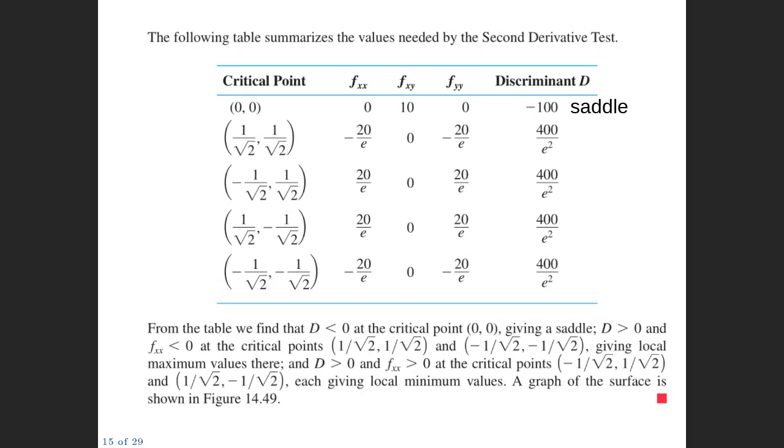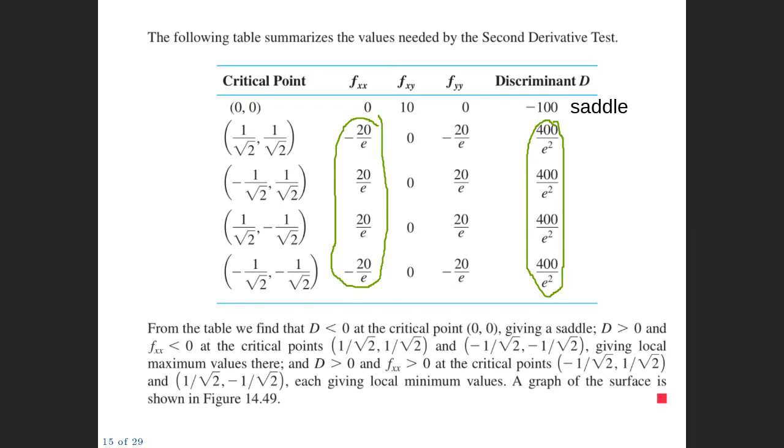Let's look at the second one. Now the discriminant is a positive number. In fact, for all of the other ones, the discriminant is a positive number. These are all local maxima or local minima. So we look at fxx. Are these numbers positive numbers or negative numbers?